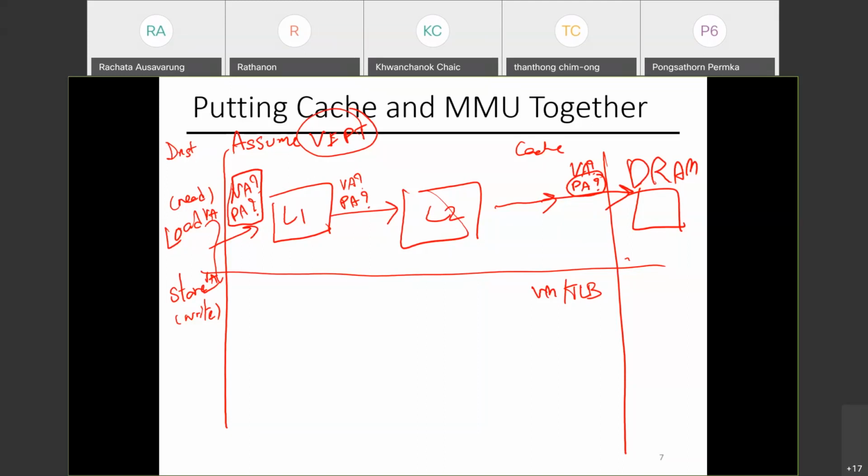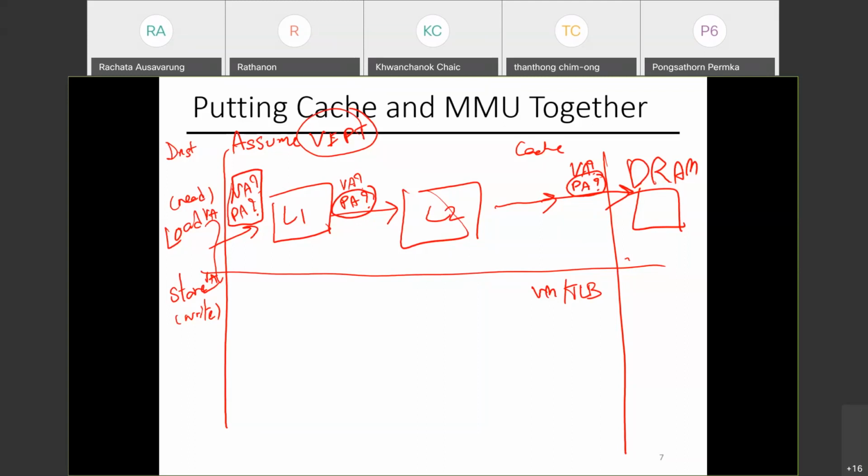You can just get by with the physical address here, because by this point, I have the physical address already. The benefit of VIPT is I start with the virtual address. I don't know my physical address yet, so I'm going to use the virtual address, the information that I have for now, to get the cache set. That's why in L1 you can use VIPT.